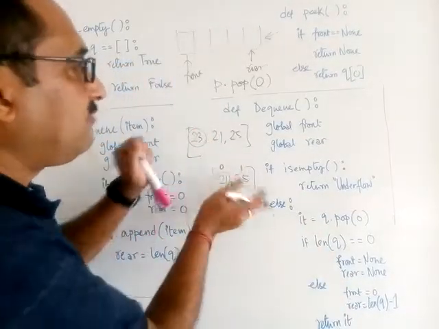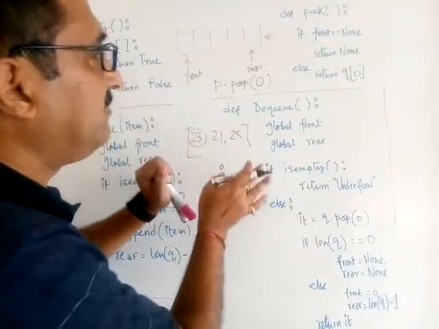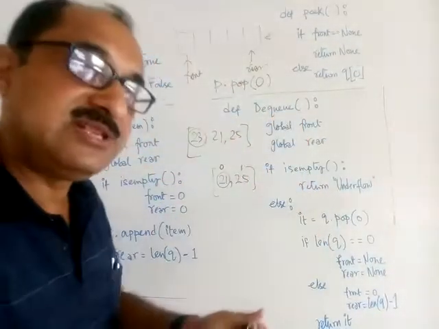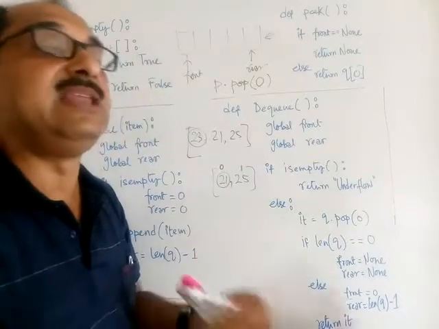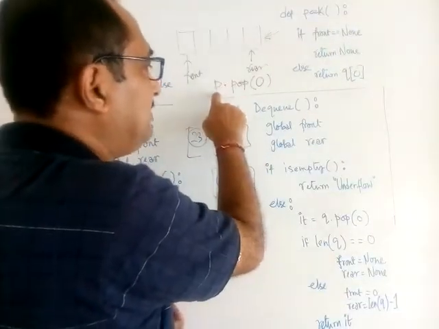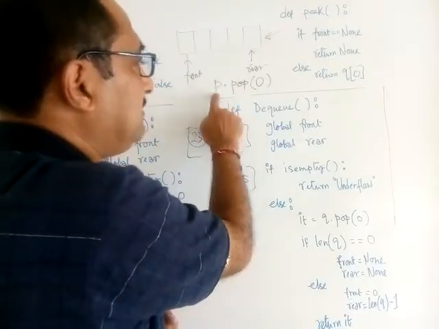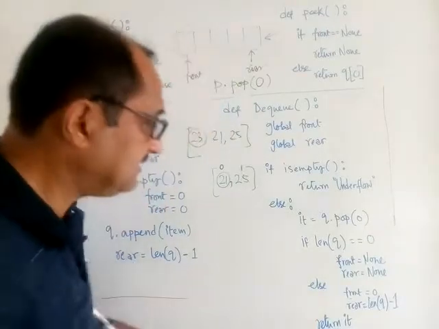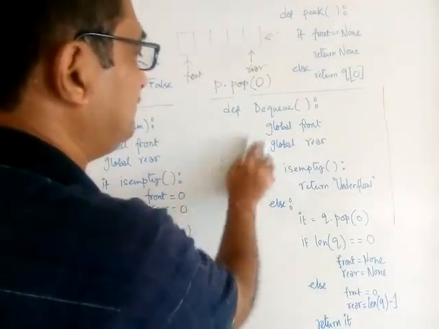So when we are implementing a queue through a list, remember deletion, removing, or DQ means we are always removing the 0th element of the list. So therefore we write Q, whatever your list is, dot pop and 0. That is how we are going to remove.